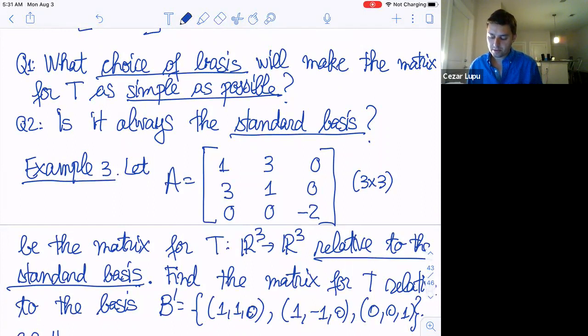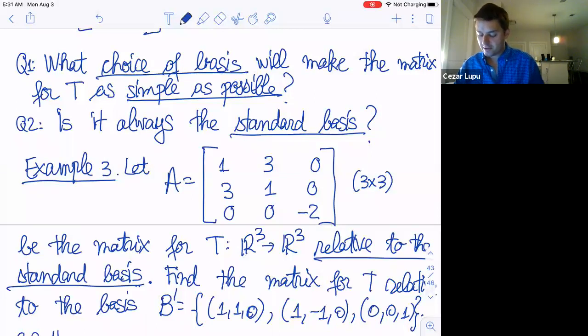This example will provide a comparison of two matrices for a linear transformation, and it would clearly demonstrate that the answer to question number two is not always true. So let's see.